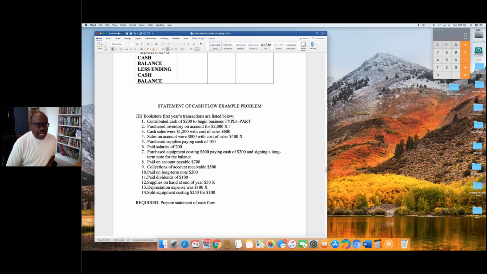Okay, purchase inventory on account, that doesn't go in there anywhere. Cash sales were 1,200 with cost of sales 600. We aren't worried about this part of it. We're just worried about 1,200. Since that's a cash sale, that's going to be a type 2 journal entry.